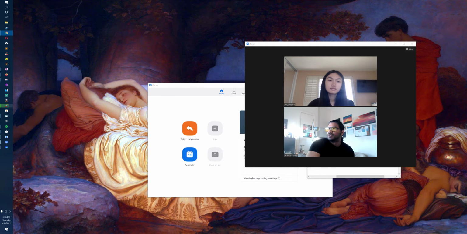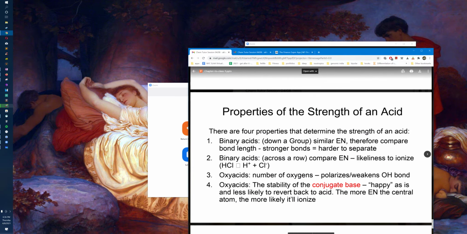Like here, I drew this for you. Maybe I should have drawn it bigger, or maybe I'll draw this smaller. So let's say we have hydrofluoric acid and hydroiodic acid. The iodine atom is much larger. So the bond, that's kind of a bad drawing.